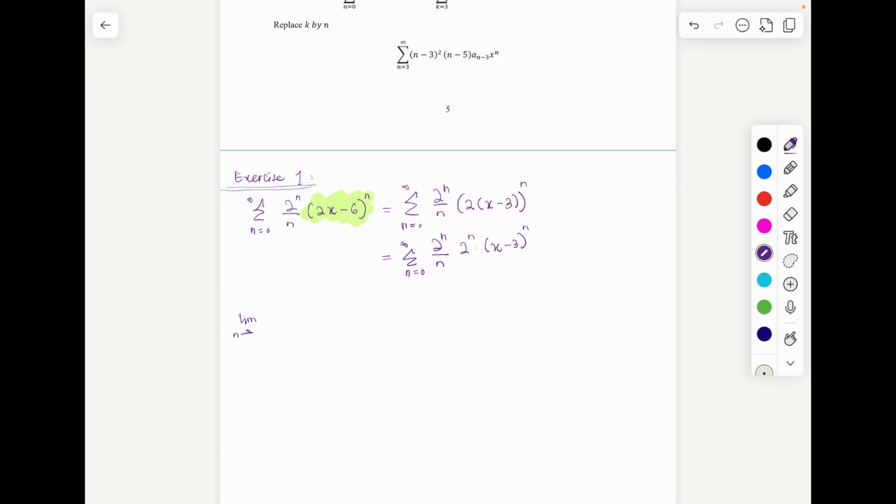Before that you know that the a_n is this part. So the limit as n goes to infinity of a_(n+1) divided by a_n. Based on the given series, it becomes 2 to the power of n plus 1 multiplied by 2 to the power of n plus 1 divided by n plus 1, and then divided by 2 to the power of n, 2 to the power of n divided by n. Sorry, this is n plus 1. So we put the absolute.